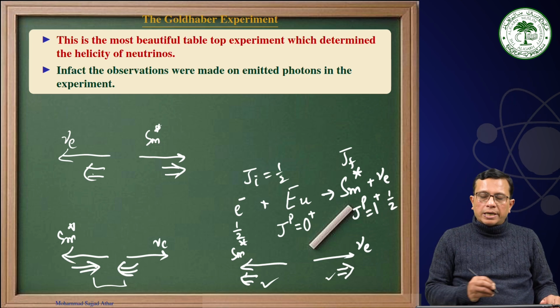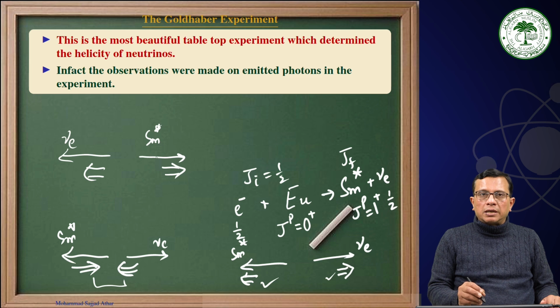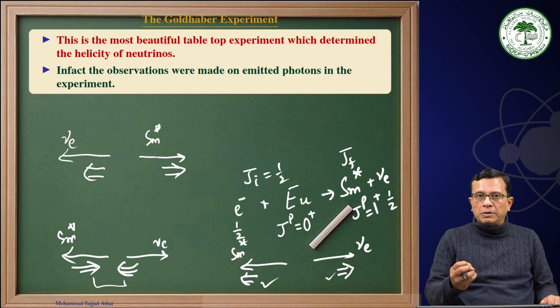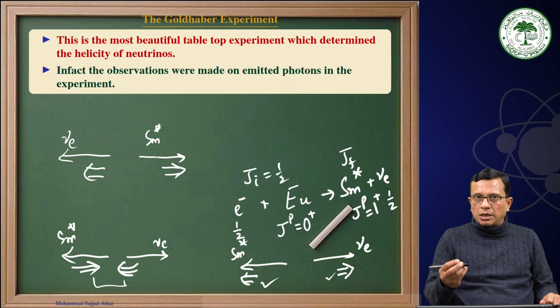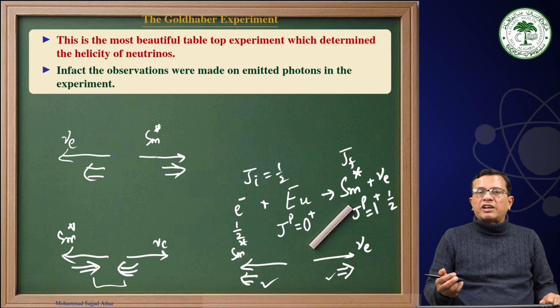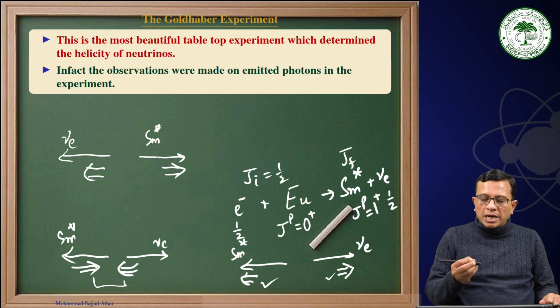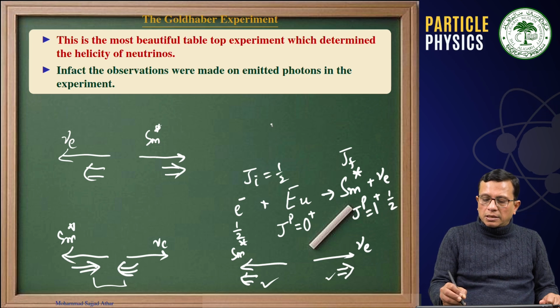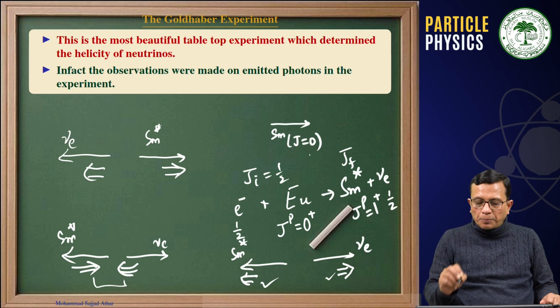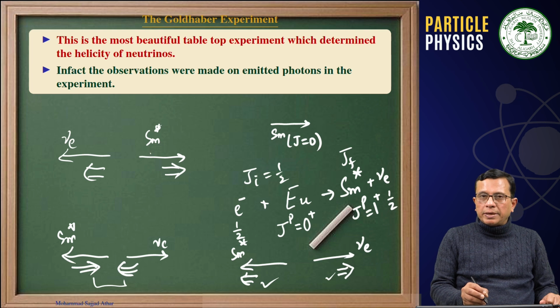Therefore, again, we will have a right-handed neutrino or we will have a left-handed neutrino. Now, the important catch is samarium star has a definite lifetime, and as it is moving in the opposite direction, it emits a photon and comes to the ground state. That ground state is samarium with J equal to 0.